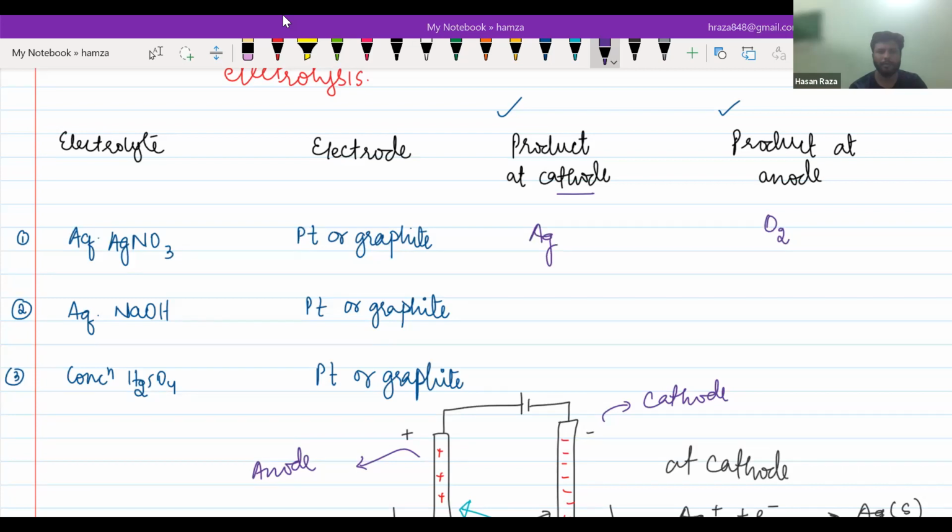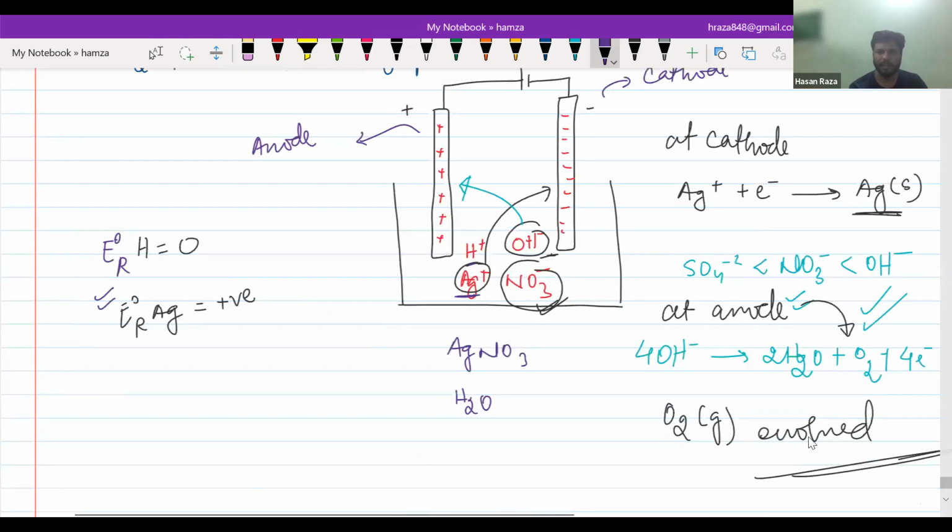Wait a minute. What is that written on the right bottom side? Evolved. Are you talking about this? O2 gas? O2 evolved.